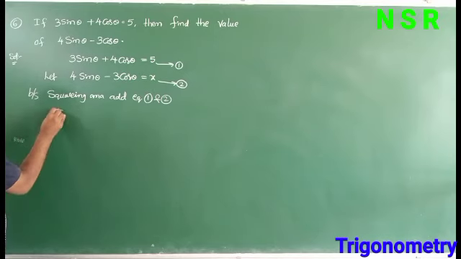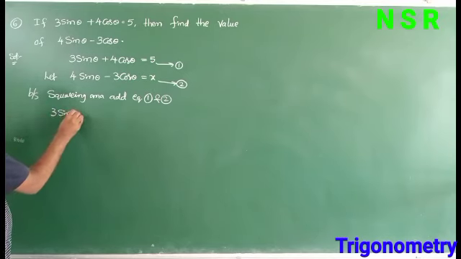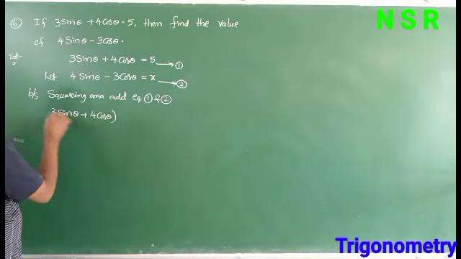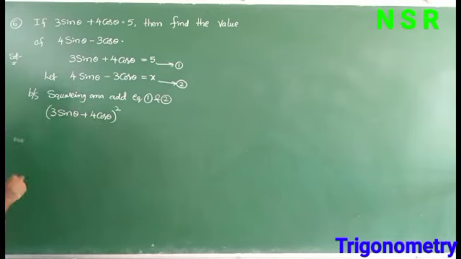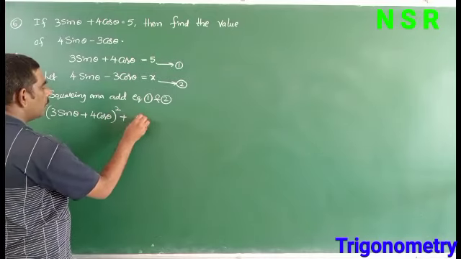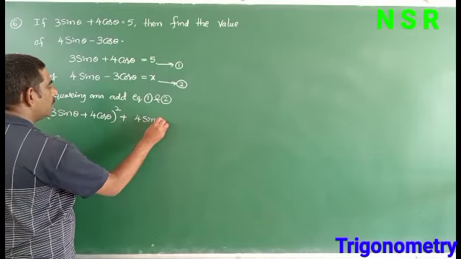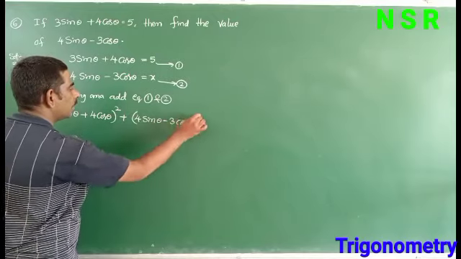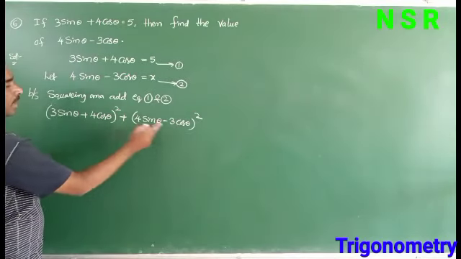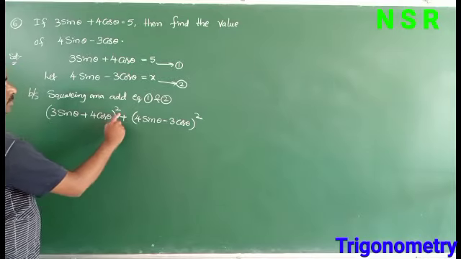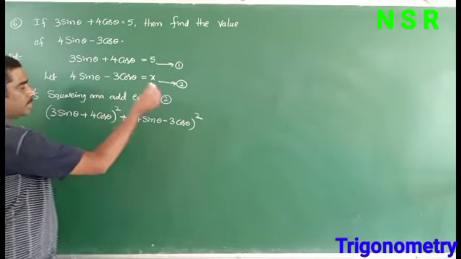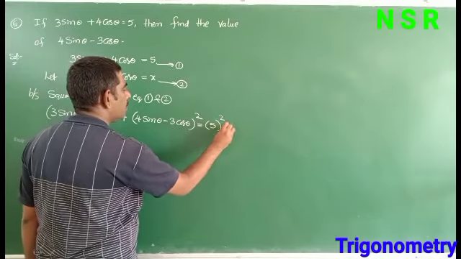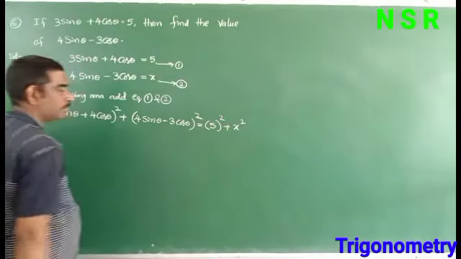So here left side is (3 sin theta plus 4 cos theta) square plus (4 sin theta minus 3 cos theta) square, and now right side also 5 square plus x square.